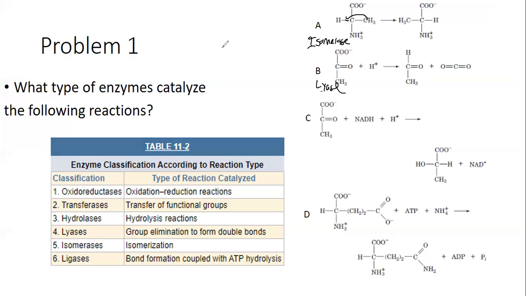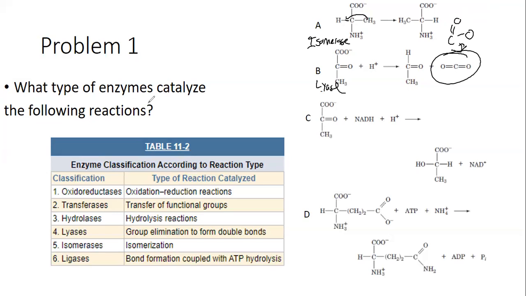So you are taking the COO group and eliminating it, and you're forming double bonds to go with that group that was just eliminated. So you went from this down to that. So that's technically a lyase.